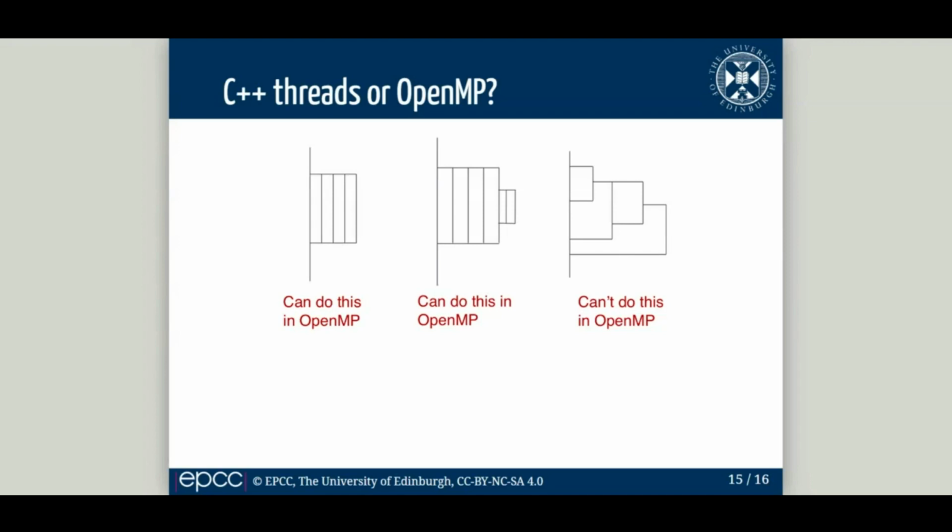So you have a region and 4 MPI processes or 4 threads, and you divide the region in 4. This part is done by thread 1, this part by thread 2, and so on. When we have an irregular workload, we will need to use dynamic scheduling.